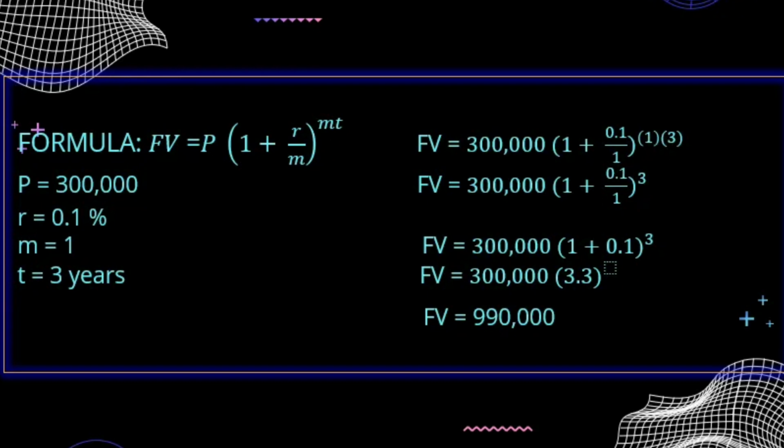After that, the answer to that is 3.3. We are going to multiply those two: the 300,000, our principal amount, and 3.3. So the answer is going to be 990,000. So that is our future value.